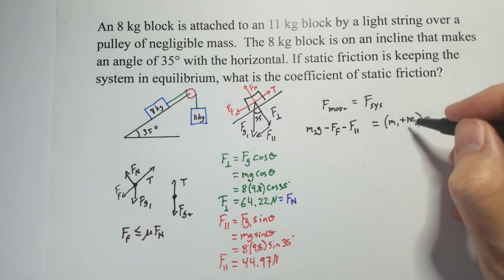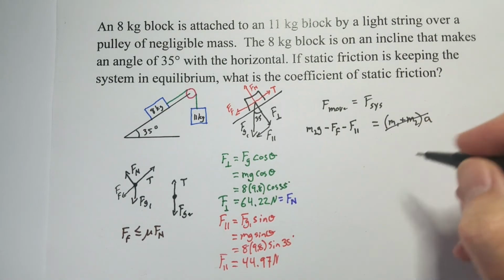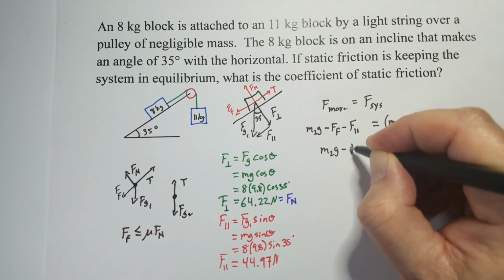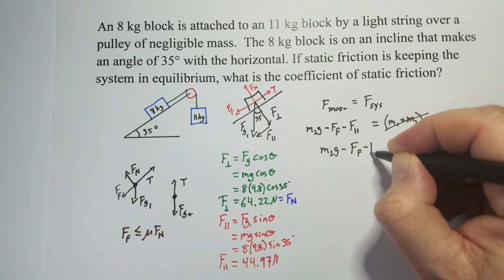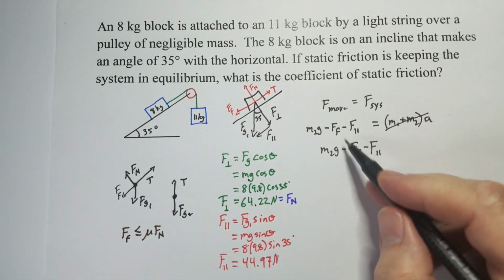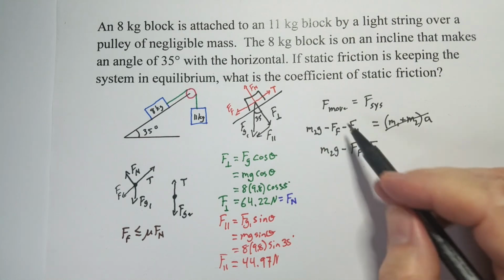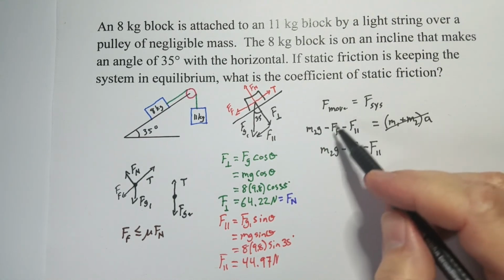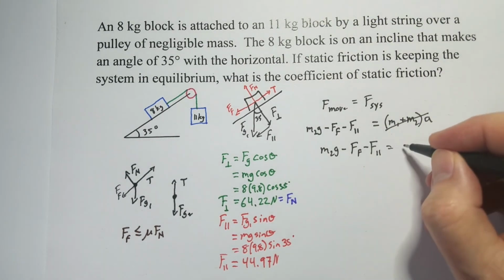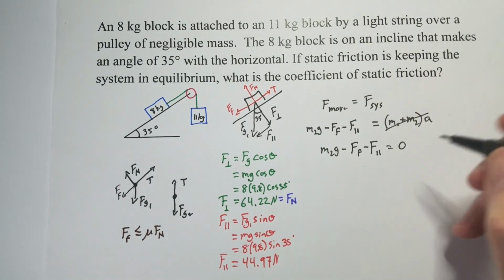So since the acceleration is 0, this whole part over here is 0. So we get m2 g minus force of friction minus the force parallel. Now that's assuming that this block is trying to move up the ramp. If the block was trying to move down the ramp, we'll have to change the sign of that, but we're going to go with this right now. Equals 0.